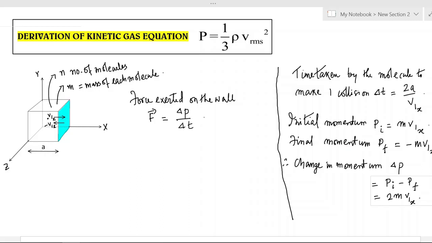Change in momentum by the change in time. So how much is that? 2m v1x divided by 2a by v1x, isn't it? So how much is that? m by a, v1x whole square, right?